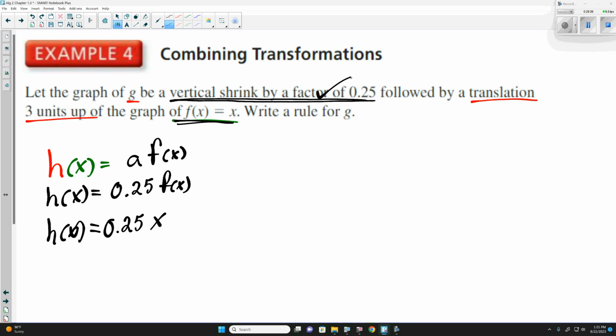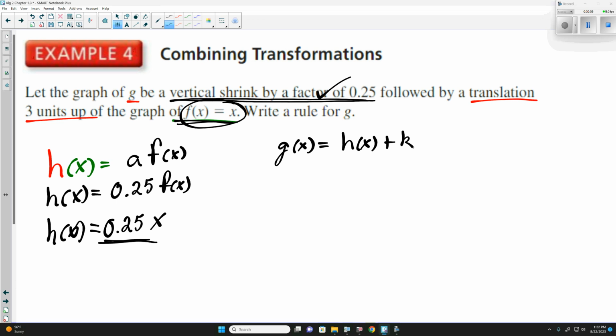Now we're not talking about the original function anymore when we apply the translation up. We're applying it to this one here. So our final g of x is going to equal h of x plus k. I switched it from our original one because the original one talked about f of x plus k. But when we did that, we were applying all these to the function f of x.